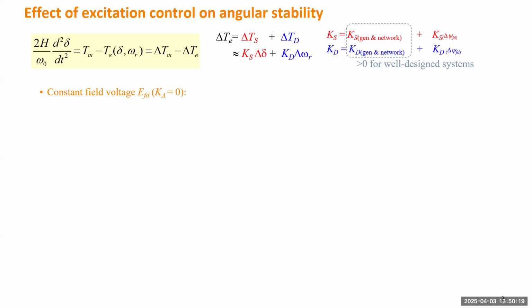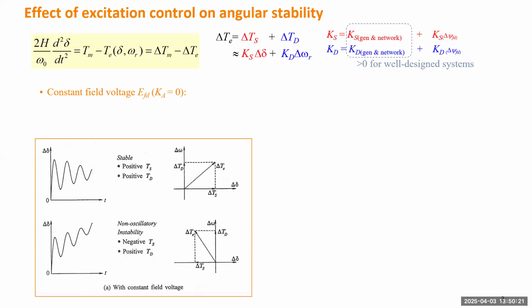Then there will be two scenarios. The first is that you have both positive synchronizing torque and positive damping torque, which means if you draw the deviation of the electric torque in the plane of speed deviation and angle deviation, it is in the first quadrant, with positive projections to both axes.